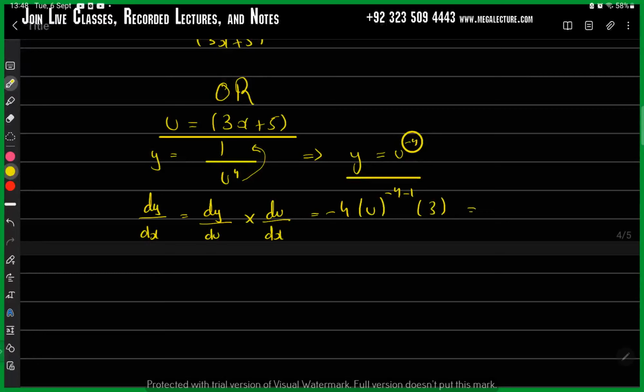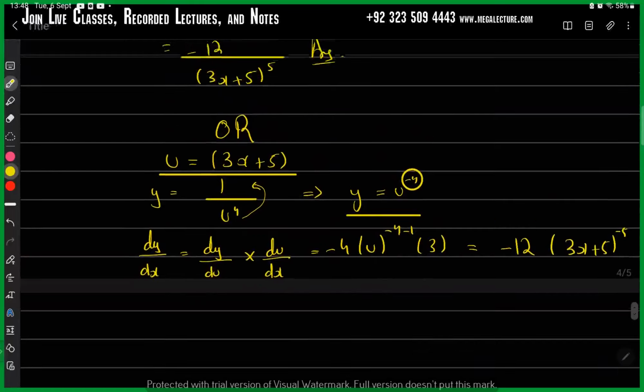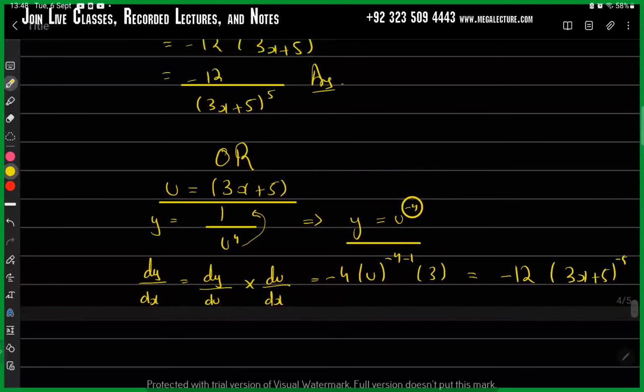And lastly, I'm supposed to plug in the value of u. So this would become minus 12 (3x plus 5) power minus 5. So this way or the other, I am getting the same answer. I can again take this thing to the denominator and this would come as a positive power. Okay, so are you clear with the concept now? Yes, ma'am.